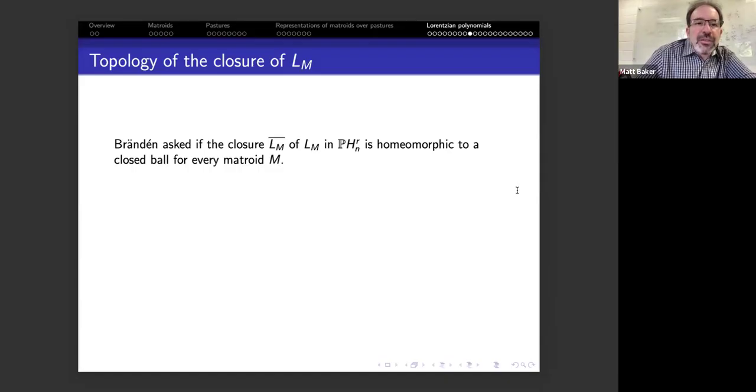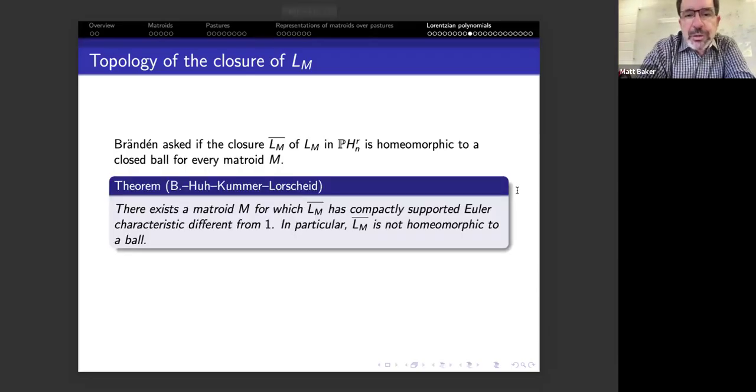And Brändén asked if this is always a closed ball. And in many examples, he could prove that it was. And if you use a computer and you try to calculate this, you'll see that it seems to be true. But we actually found a counterexample. So there exists a matroid M such that the compactified space of Lorentzian polynomials has Euler characteristic different from that of a ball.